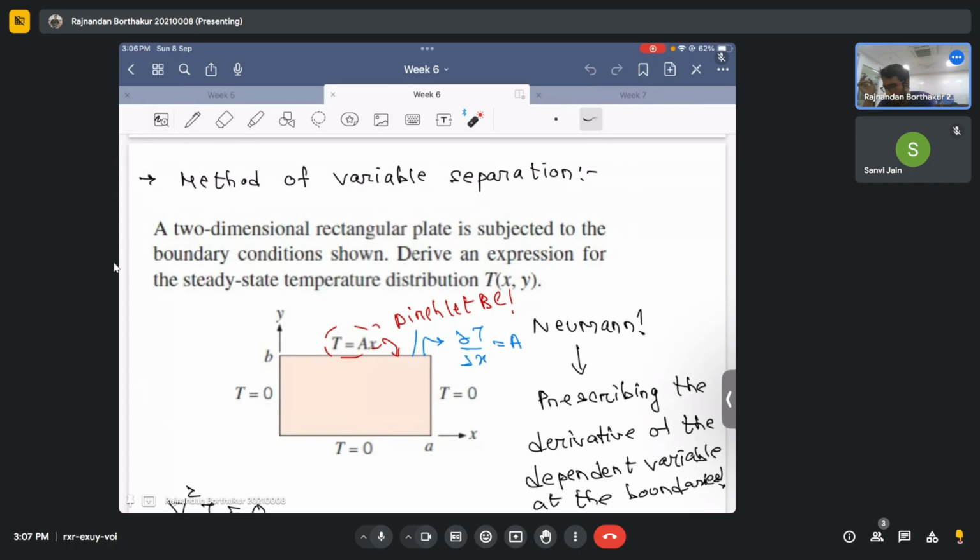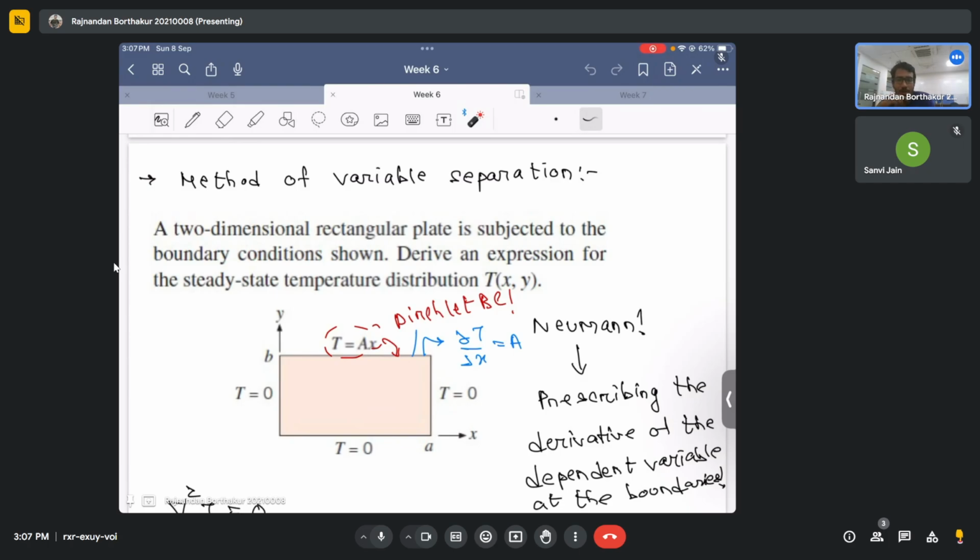If you remember, we could solve this problem using the method of separation of variables, typically because at least in one direction, let's say the x direction, we have a homogeneous boundary condition. For instance, at x equal to 0, the surface was maintained at T equal to 0, and at x equal to a, the surface was also maintained at T equal to 0. Because of that, we could use the method of variable separation.